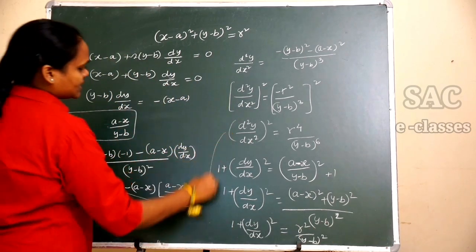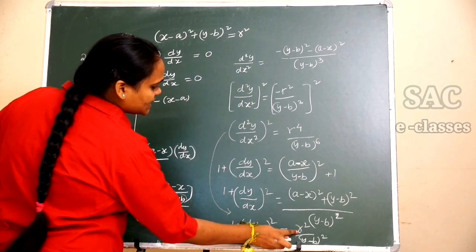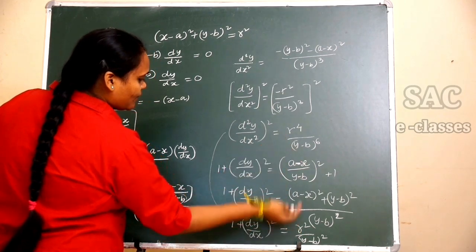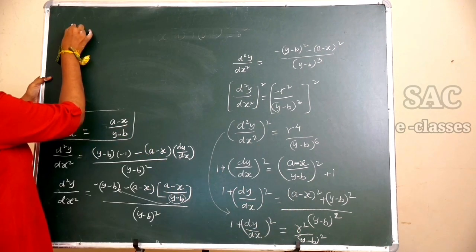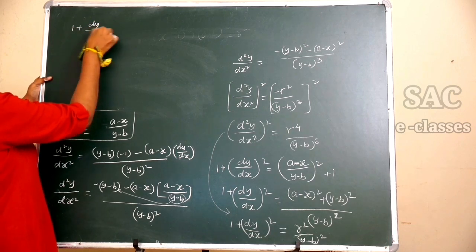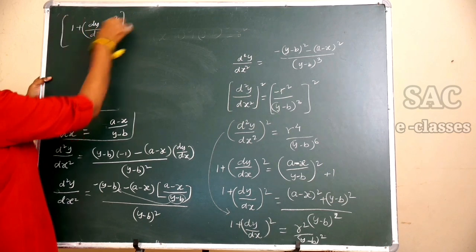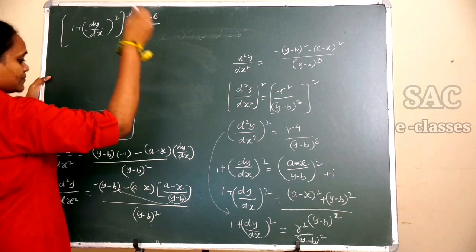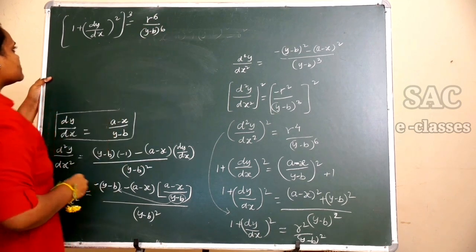To equate this one and this one, simply if I make this one into cubic form, you will get the required answer. So let me cube it on both sides. Now 1 plus dy by dx whole square whole cube is equal to r power 6 by y minus b whole power 6.